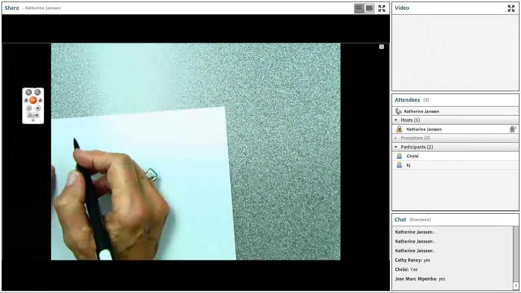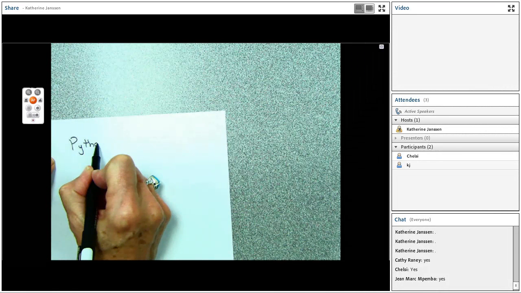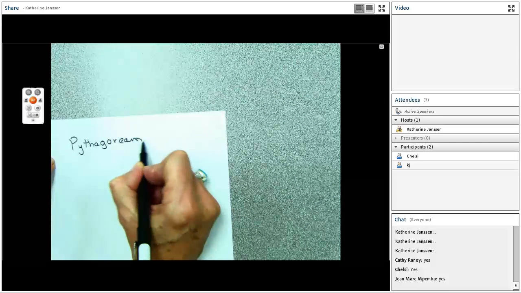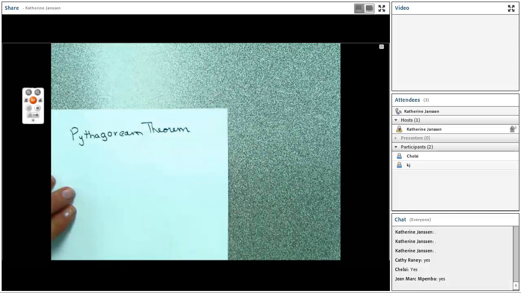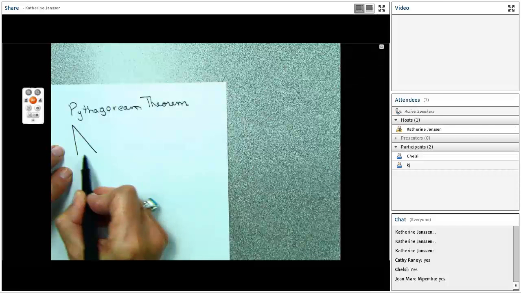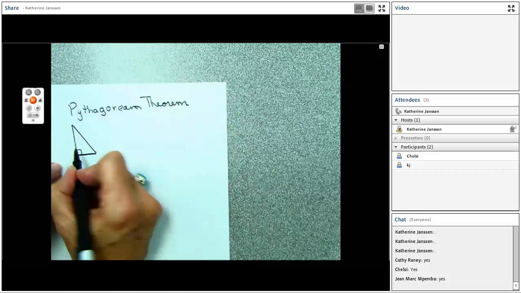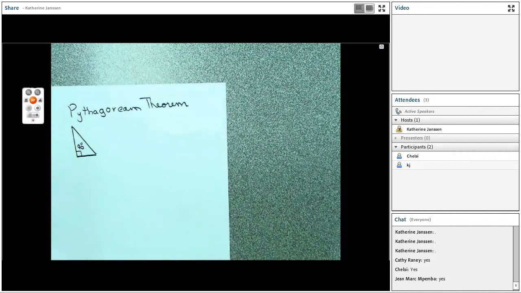And then the Pythagorean theorem says that if you have a right triangle, the sum of the squares of the legs is equal to the square of the hypotenuse. A right triangle means that you have a triangle with one interior angle of 90 degrees.